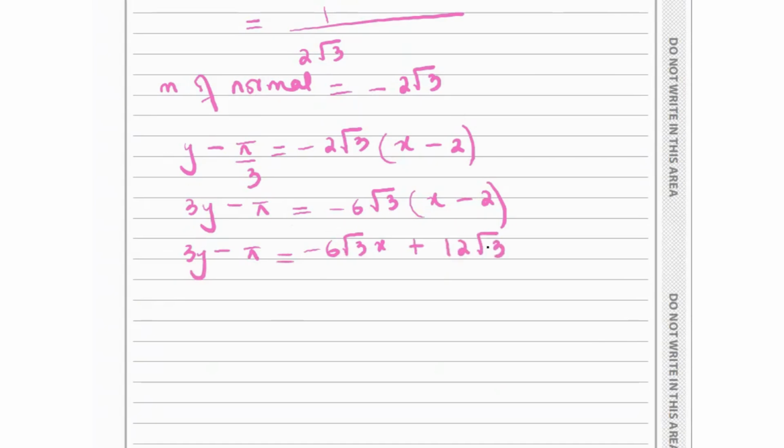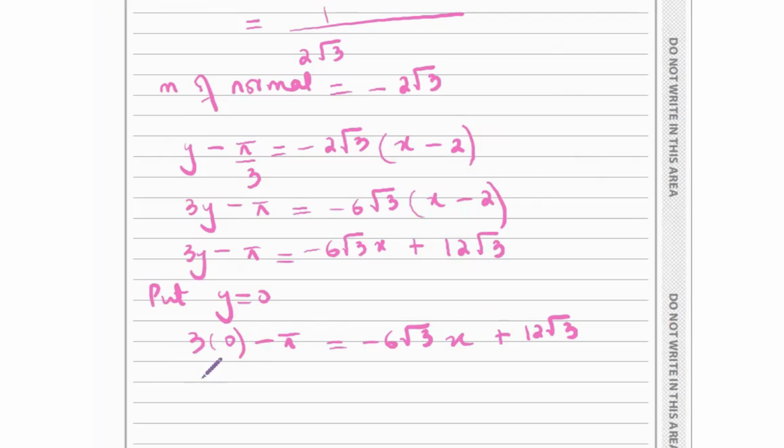We need to find the coordinates of N where y is 0. So y equals 0. 3 times 0 minus pi equals negative 6 root 3 x plus 12 root 3.